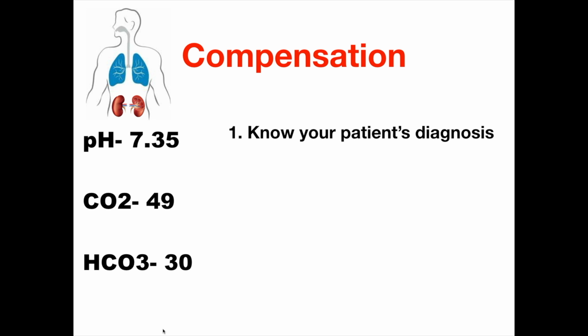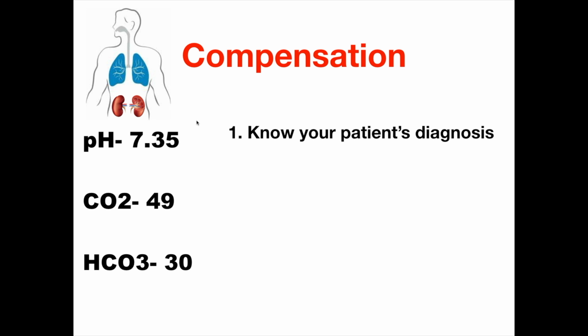So that's one. But if your patient came in for diarrhea or vomiting, which means we're losing acid, we could interpret this ABG as the patient having metabolic alkalosis and the body trying to compensate by increasing the amount of CO2 in the system. So knowing our patient's diagnosis could actually help us interpret this ABG.